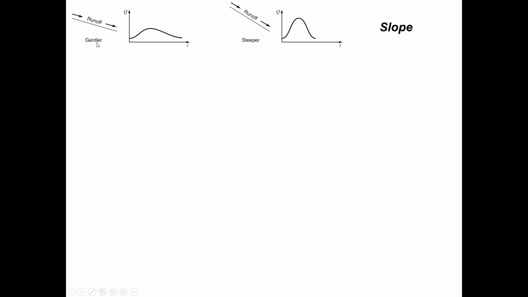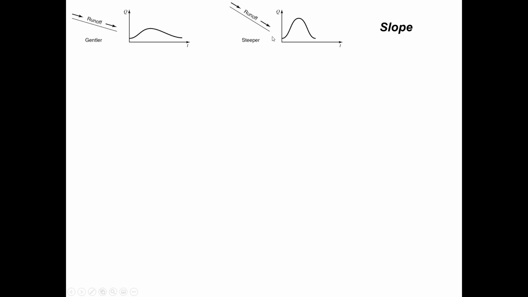So in previous exams, by the way, I gave a hydrograph, and I said, draw the new hydrograph if the watershed was steeper. And so this is an example of a gentle watershed slope where the water moves over the surface relatively slowly. Then the peak isn't going to be very high, and it'll arrive more slowly than if you had a steep watershed.